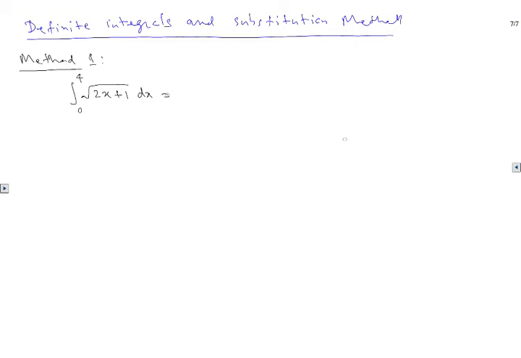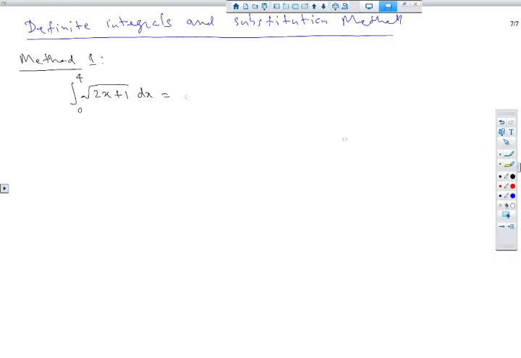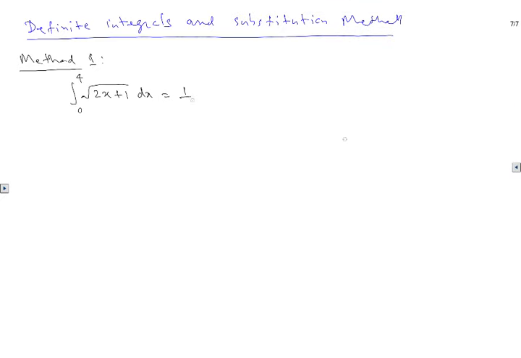That was one of the early examples. So according to that, what do you get? You get 1/3 times (2x plus 1) to the 3/2. So you finish the integral as we did before. So this is what you got.